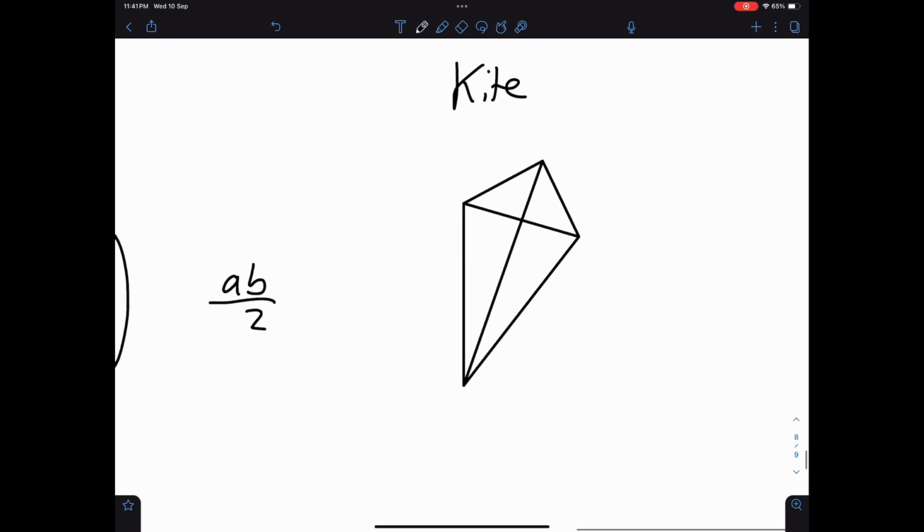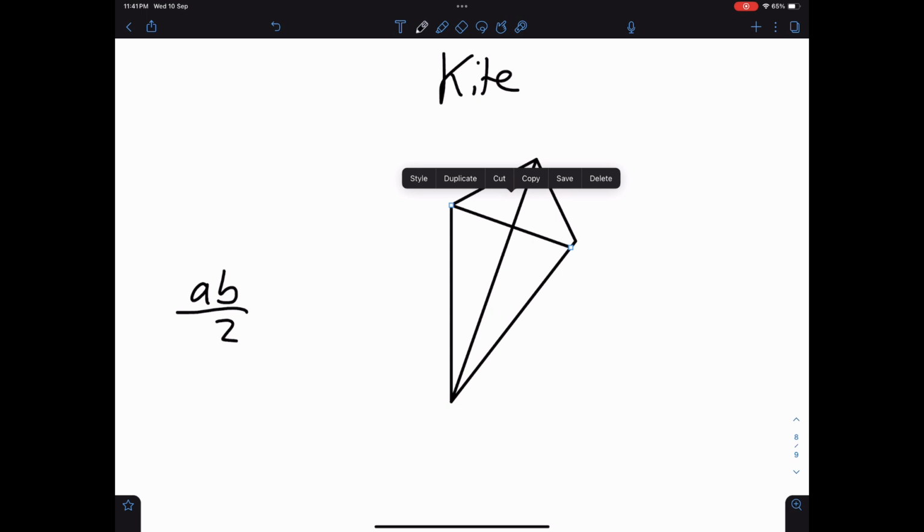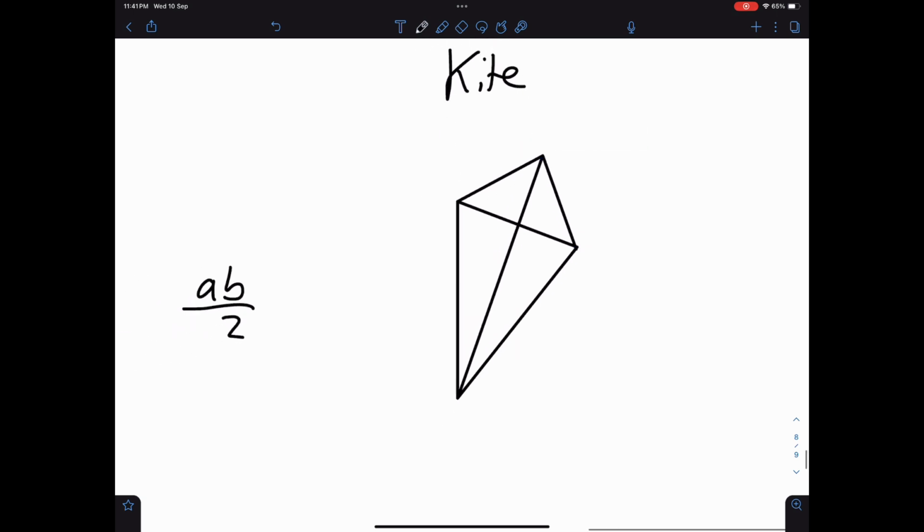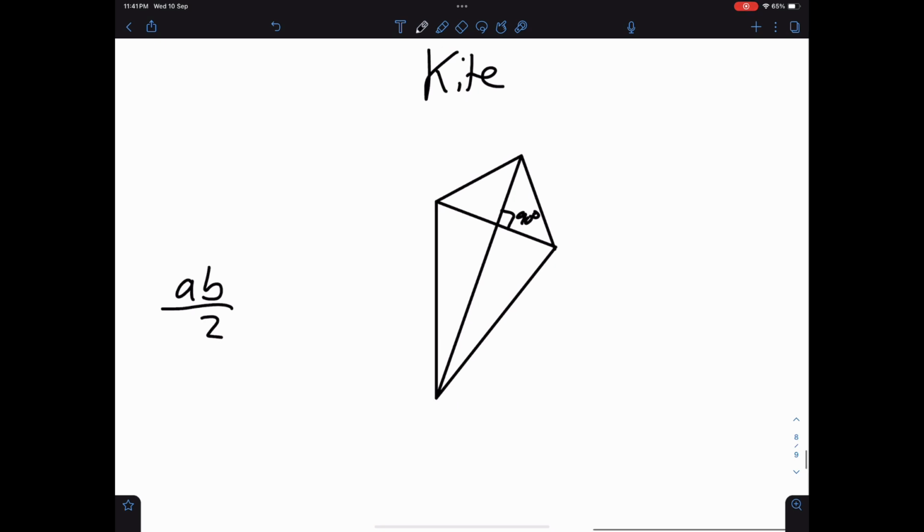These diagonals, well, they should if it's an actual kite. Just pretend that it is a real kite, and these are 90 degrees. The diagonals are at 90 degrees to each other.